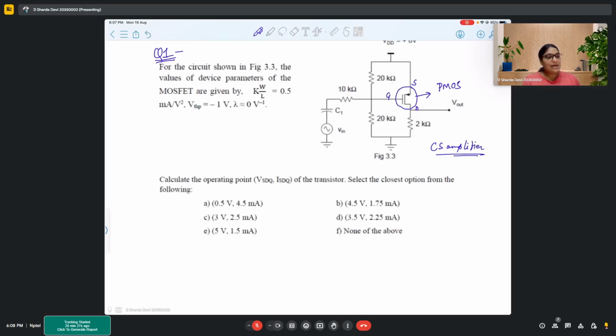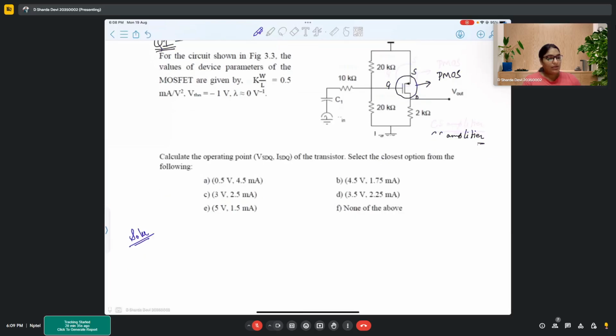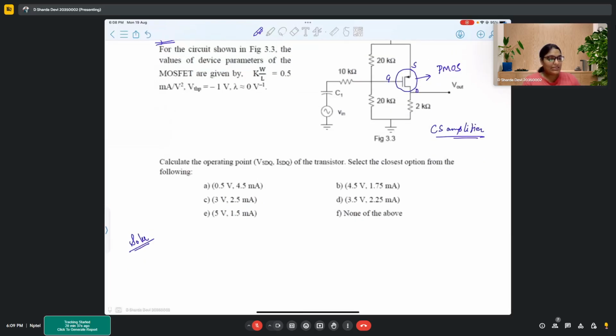For an amplifier operation, the MOSFET needs to be in saturation, so PMOS in saturation. For the current equation, we need to apply the saturation current equation.